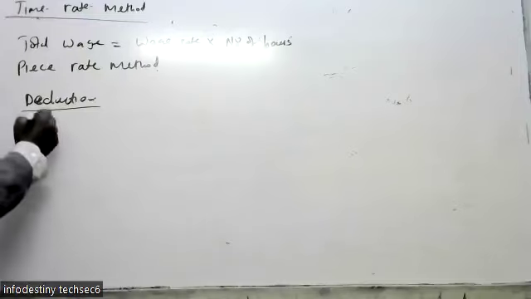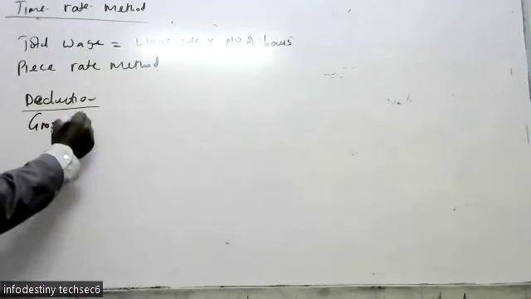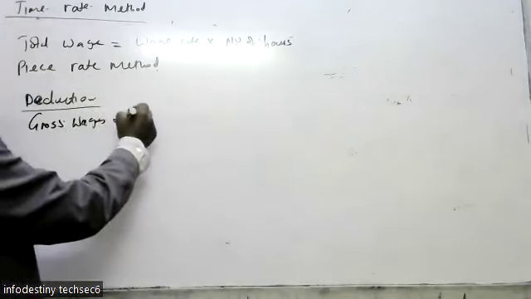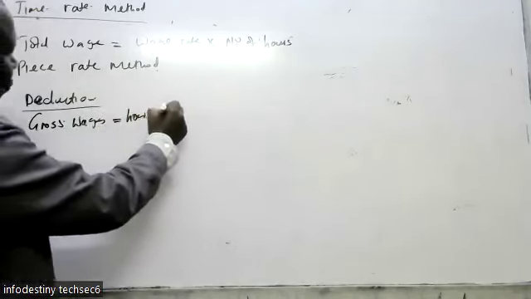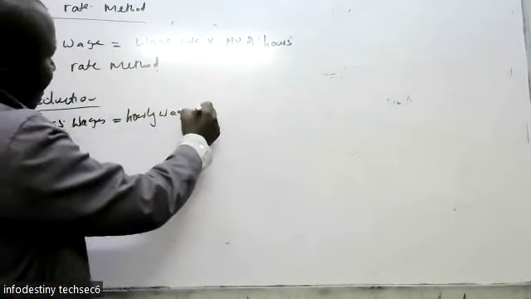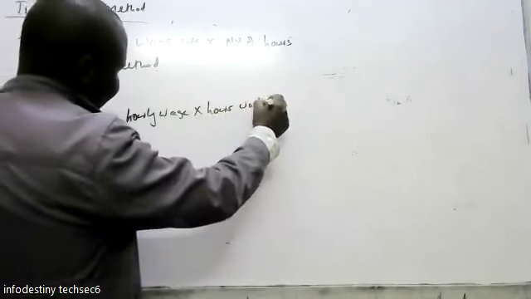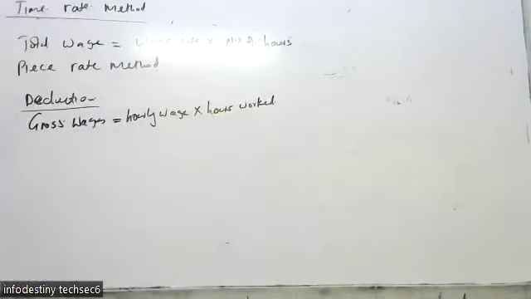So you just say gross wages will be equal to the hourly wage multiplied by hours worked. So there are some deductions which are made from gross wage.